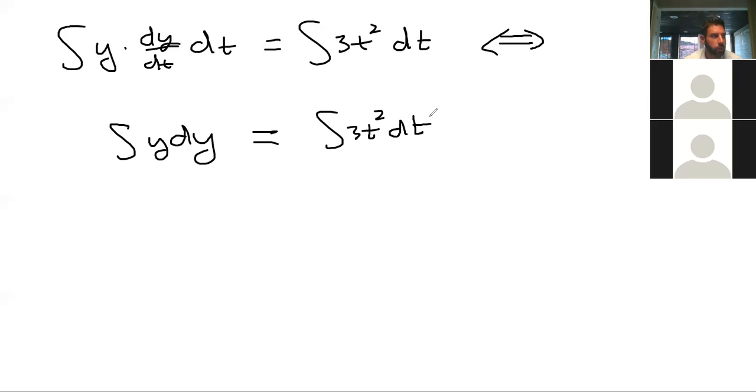Well, if you're having trouble seeing it, think about using a different letter. Maybe that'll make it clear. What if you set, and this is just if you're still unsure about this, let's say you're going to set y equal to u. Well, then what's dy?